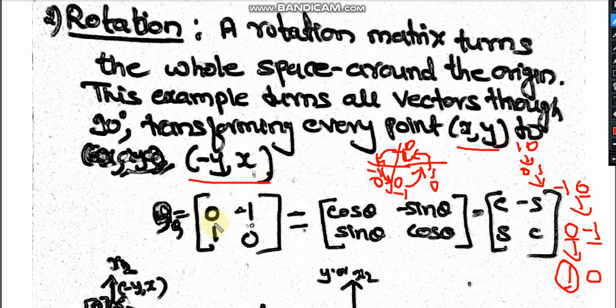So I can represent this in terms of the angle theta. Assume that I have a transformation, I can represent the transformation matrix.